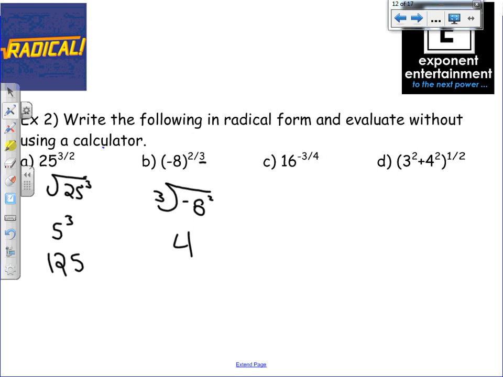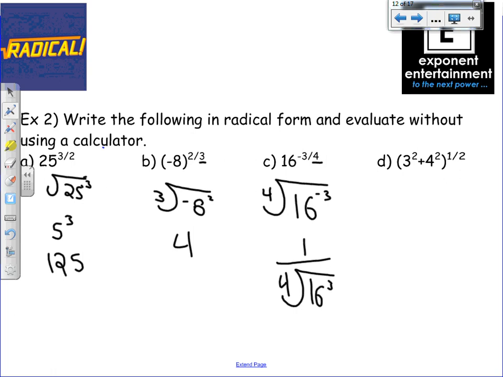This one simplifies. That's our index, the 4. Negative 3, I didn't deal with it yet, right? So it has to go where? On the bottom. So it becomes 1 over. And if it was already like that, then you just put it all to the top.